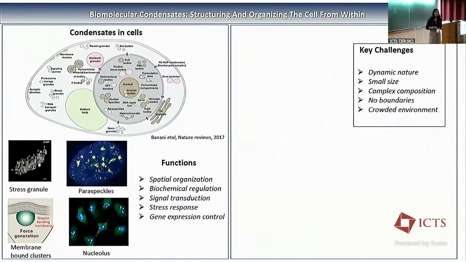Now, the key challenges in understanding LLPS compartments inside cells are, one, like I said, their dynamic nature. They have a very short half-life. They form and dissolve back very fast. Another is their small size. They're also referred to as punctas because of their minute size and their complex compositions. They lack a boundary, and the crowded cellular environment makes it challenging to study them inside cells.